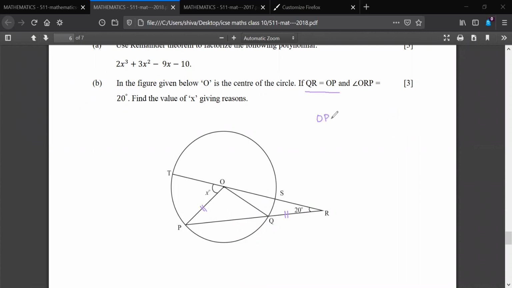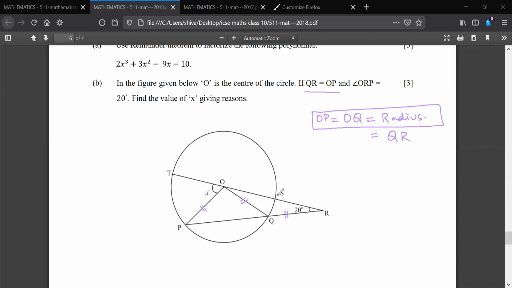Now OP is equal to OQ. Why, Mr. Rudra? Because they are radii. Yes, sir. So therefore, this would be equal to QR also. So all of them would be equal.